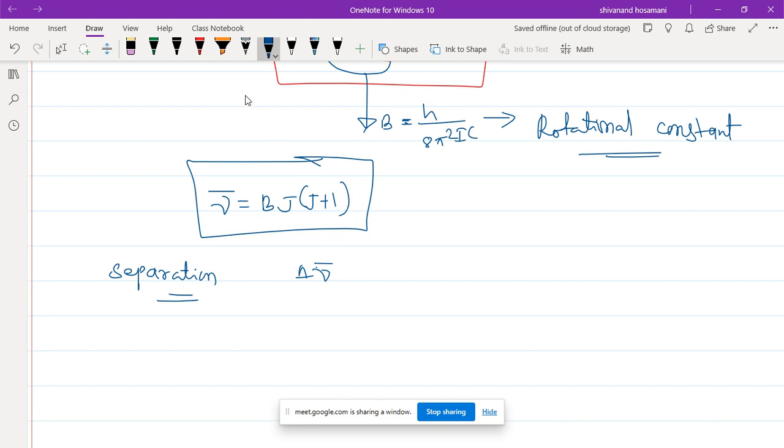Delta nu bar depends on J. So the separation between the spectral lines is directly proportional to J; as J increases, the separation increases.